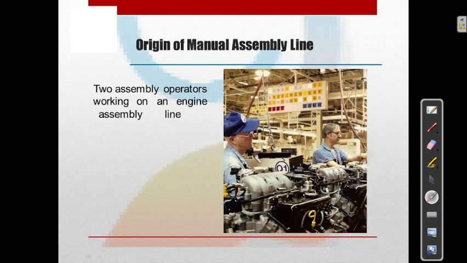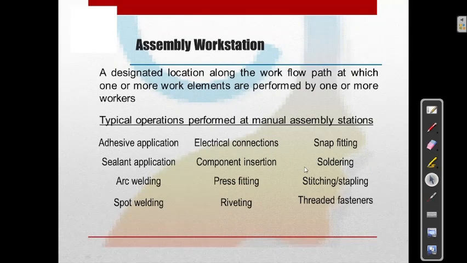Some engine will come on the conveyor, and one man does some work, and another man does other work. That will happen here.